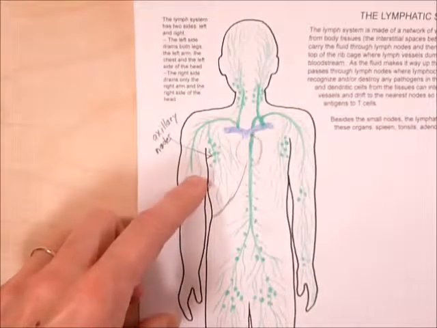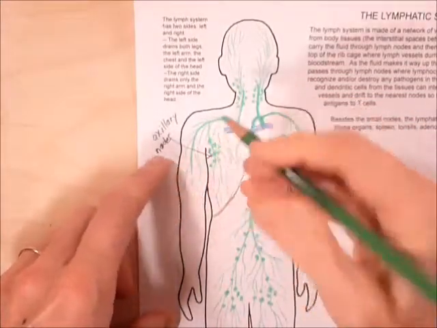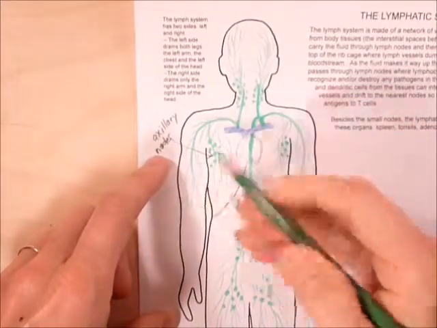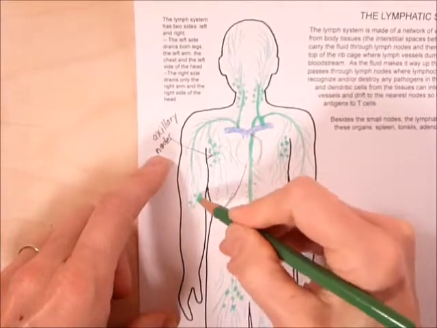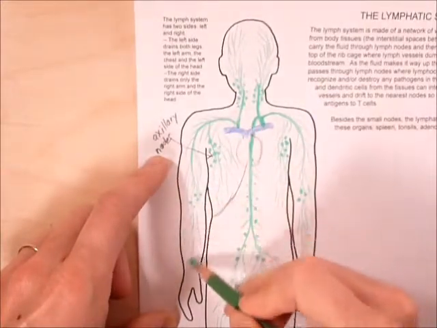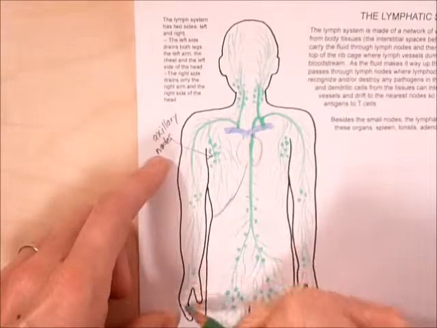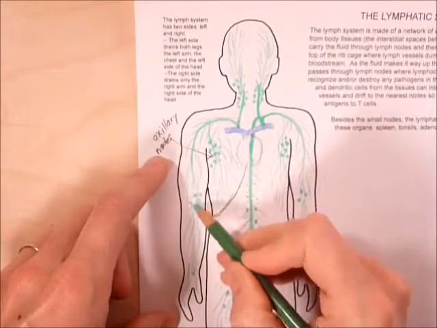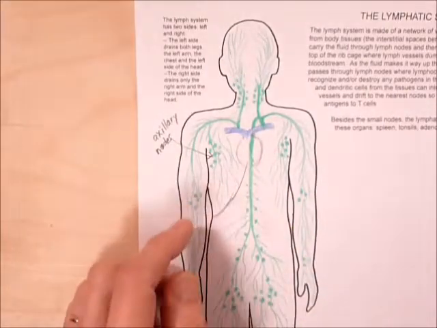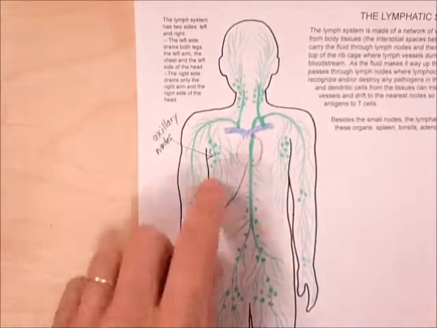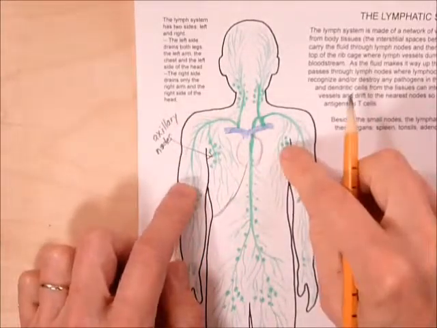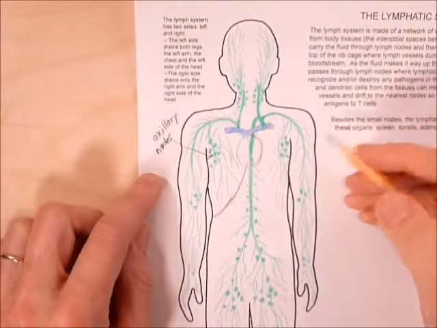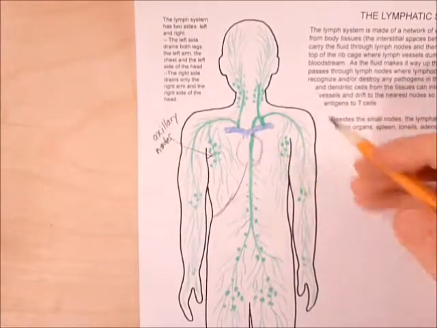Kind of means the ones on the side. Okay. Put some in the elbows. Some on the wrists. Okay, so we got their axillary nodes. So the ones on the other side would also be the axillary nodes, but we don't have to label, just label one side.